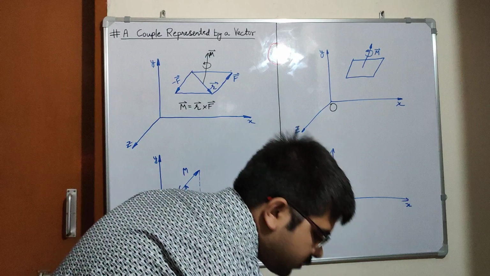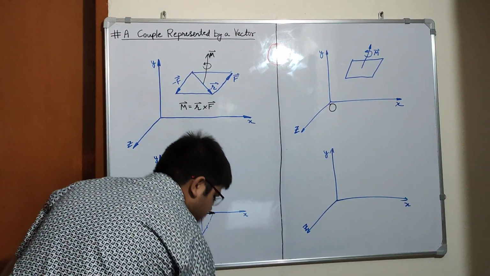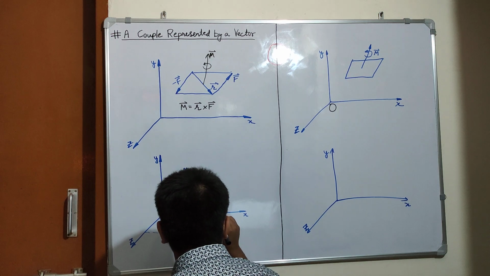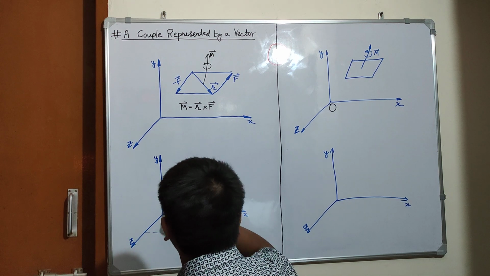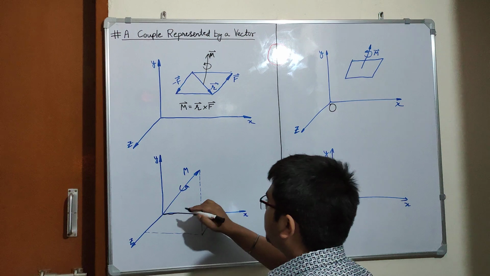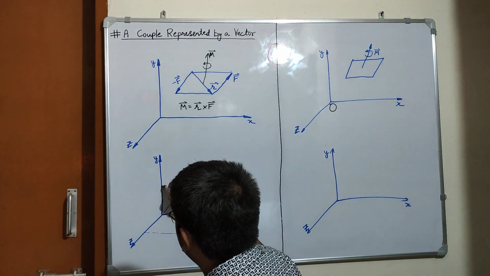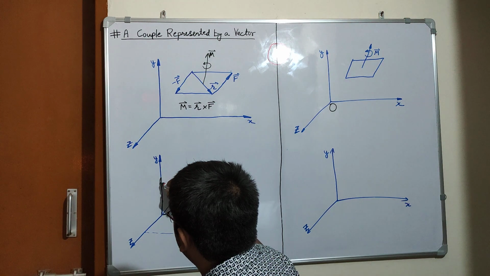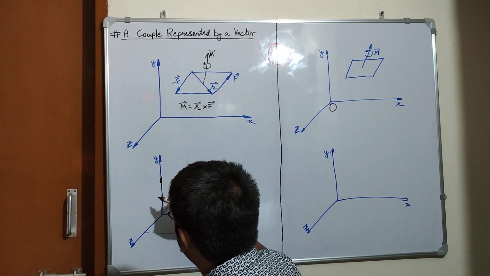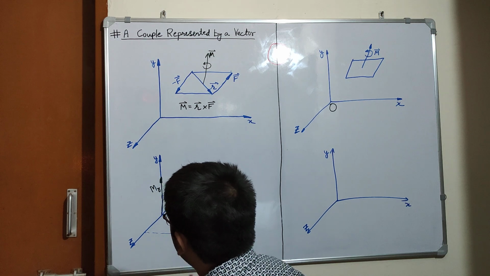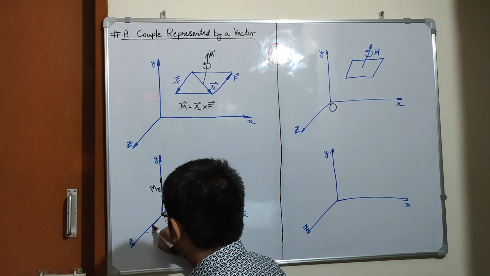This would be Mx vector, Mx. This right here would be My, and this here would be Mz.